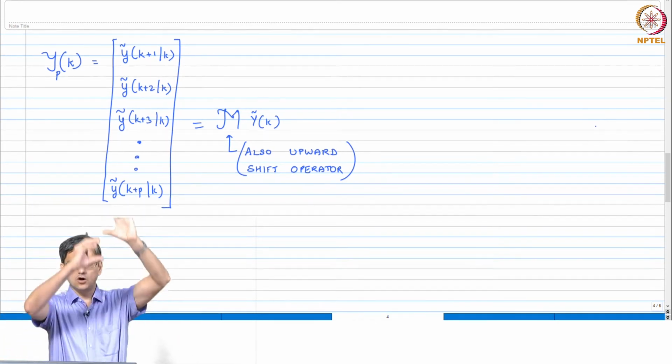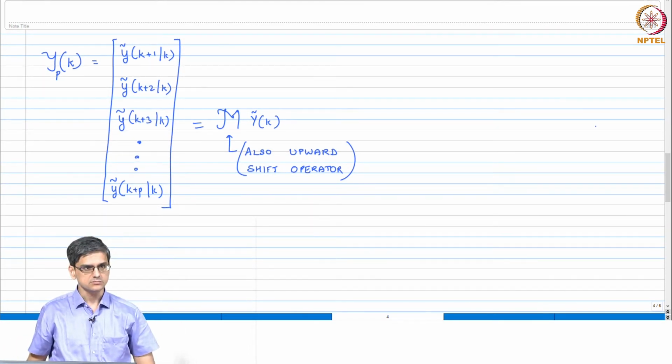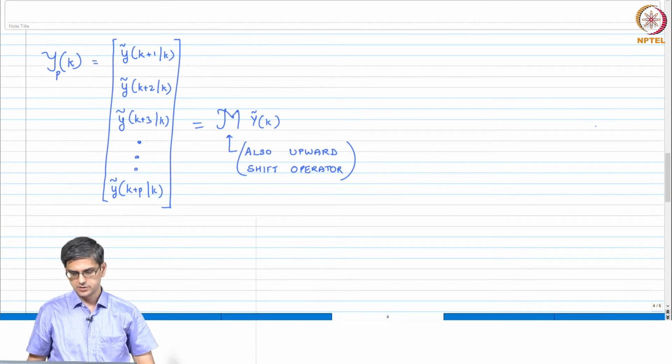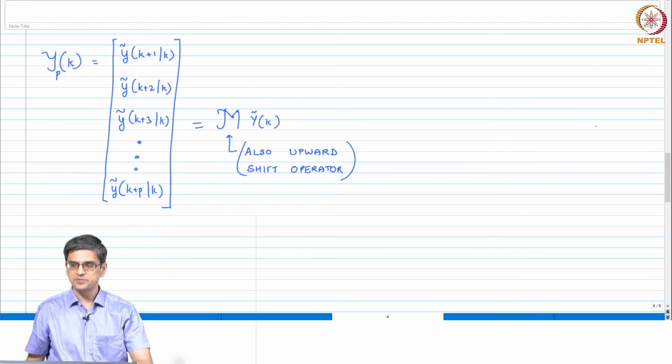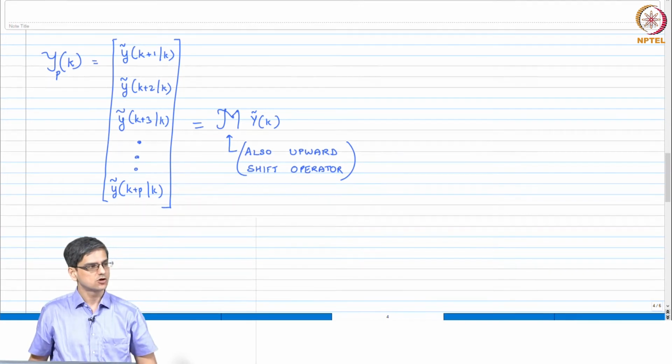So all of them move upwards by 1. So that is this M operator, and that is its distinction from the M operator that we talked about last week.